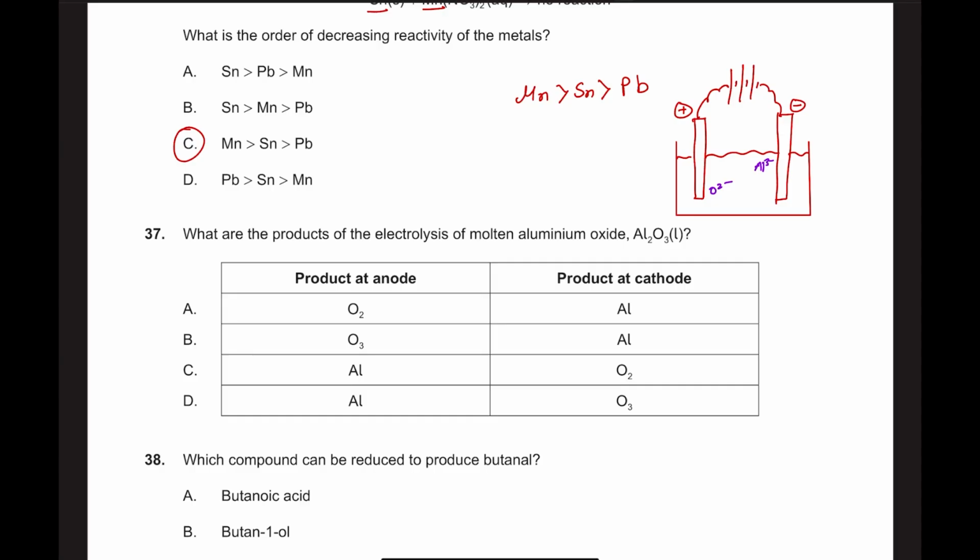O2- will be attracted towards the positive electrode. So at the negative electrode, Al3+ will take 3 electrons to form Al. As this is reduction, this is the cathode. At the cathode, there is always reduction. At the anode, there is always oxidation. If this one is the cathode, the other one is the anode. At the anode, 2O2- will release their electrons to form oxygen gas. So at the cathode, Al will be formed. At the anode, oxygen will be formed. Answer is option A.